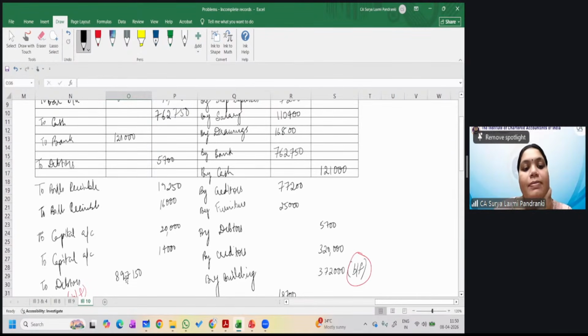So we are treating this balancing figure as the cash that is received from the customer. Did we pay to the supplier? Have you seen any payment that is done to the supplier? Yes, there was one cash payment done, and then credit payment also. But did you see any payment that is received from the customer? No. So that would be the balancing figure. You will treat this as your balancing figure.